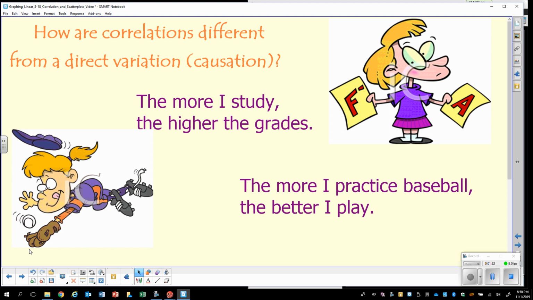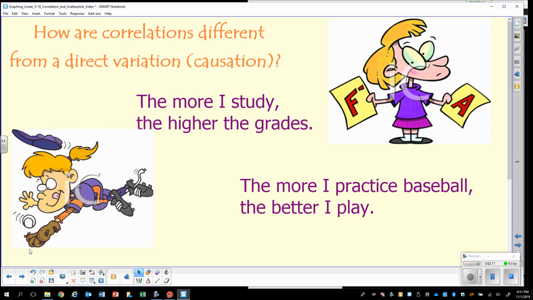And that same person that studied 5 hours could have just studied 1 hour and still made that same grade. So we can't say that there's a causation there. We can't say that by studying it's going to cause you to have higher grades. But what we can say is that there's a relationship between the number of hours that you study and the grade that you get. And the relationship that we've observed is that it's a positive relationship.